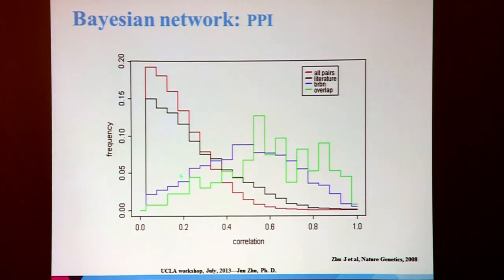The question is, are they likely to be correlated in gene expression space? This red line is all the possible gene pair correlations, and you can see that most likely they're not correlated, but there are a few that are correlated. But if you find all the gene pairs with protein-protein interaction or some relationship in the literature, this black line is a little bit better than the red line.